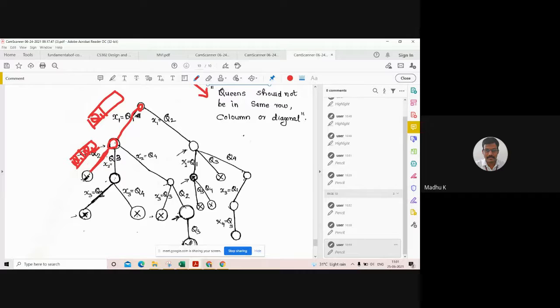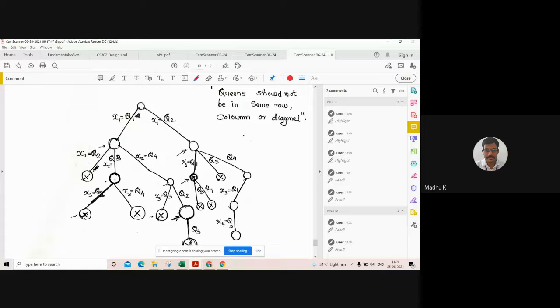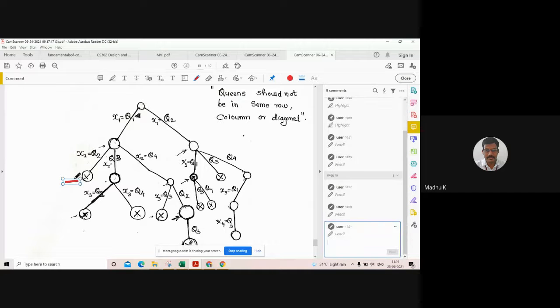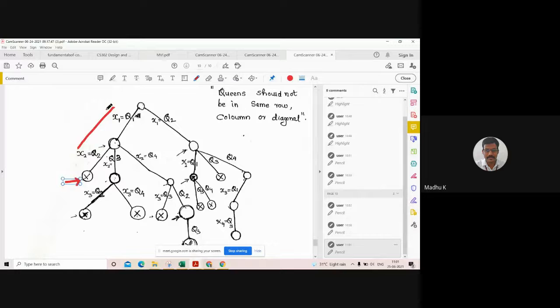Then I reach this state. At this state, before creating the next node, I will check whether these two are acceptable or not.